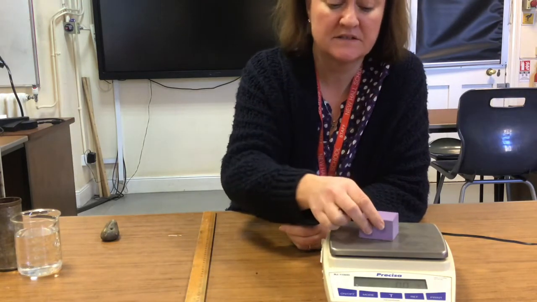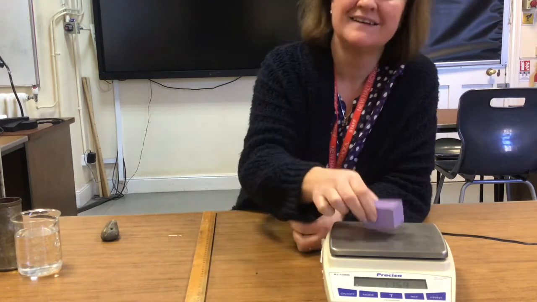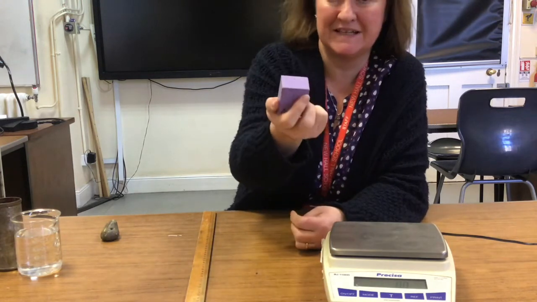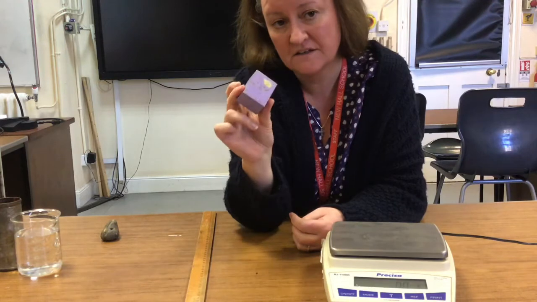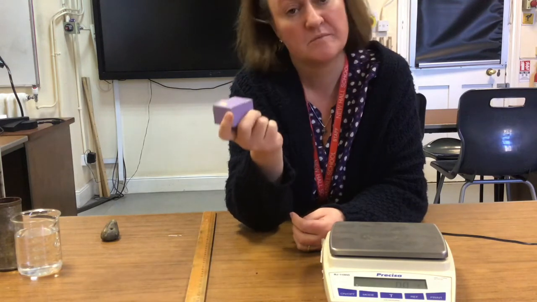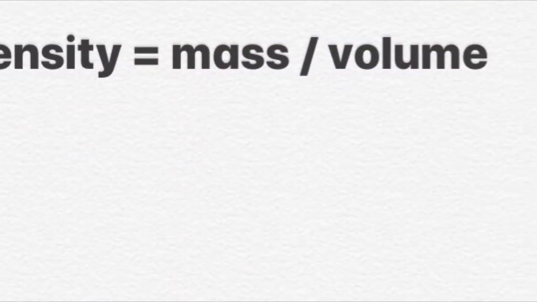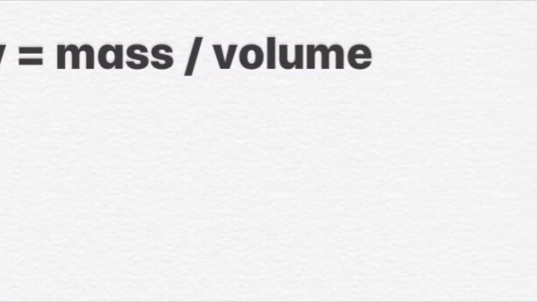So we need the mass, 175.9 divided by 60. Can you do that on a calculator to find the density of this object in grams per centimetre cubed? So if we look at our equation, we have density equals mass divided by volume. So we need to look back at the numbers that we had for these and put them into the equation.